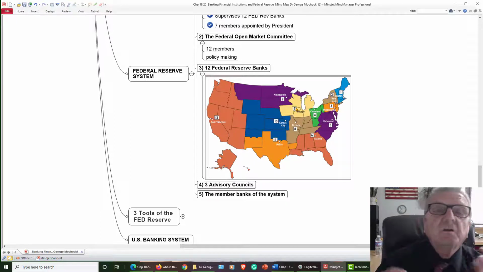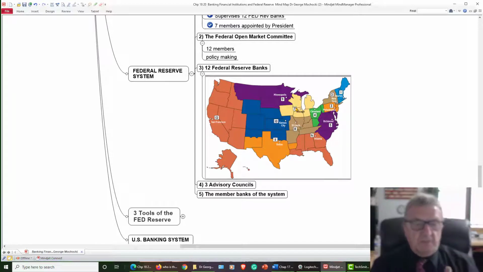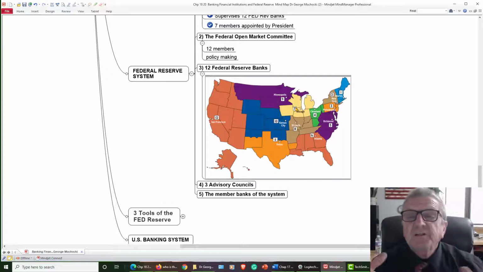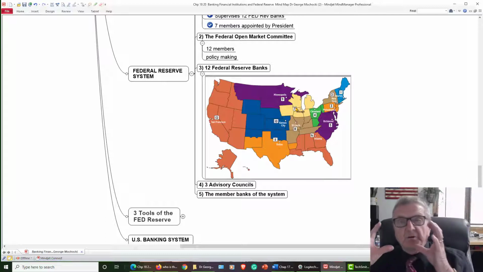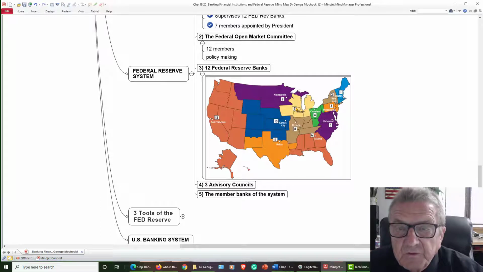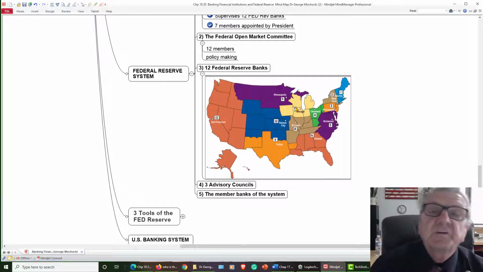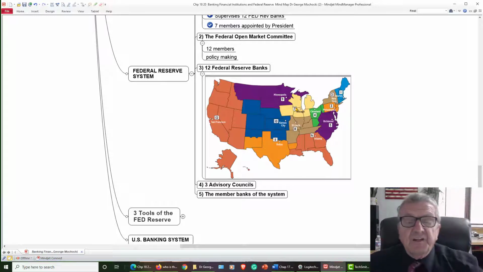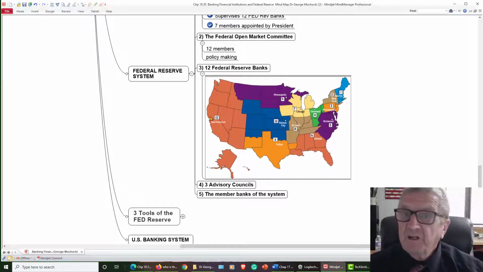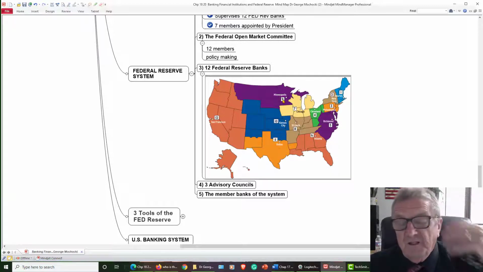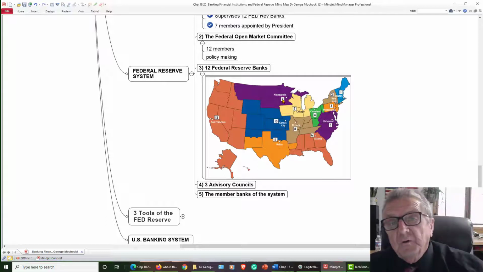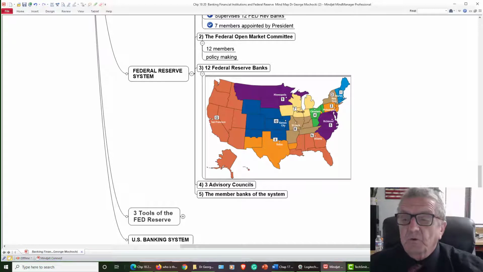So they're looking at unemployment, they're looking at inflation, they're looking at different indicators, and they say, okay, in the Chicago Federal Reserve, we're experiencing a recession. Now, San Francisco says we're not experiencing any recession, we're experiencing growth. Now, another district says, no, we're seeing a recession, or we're seeing growth.